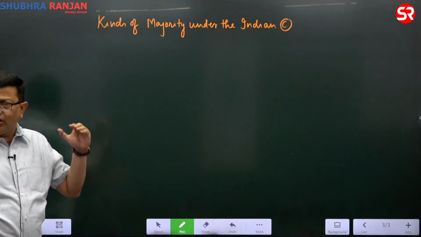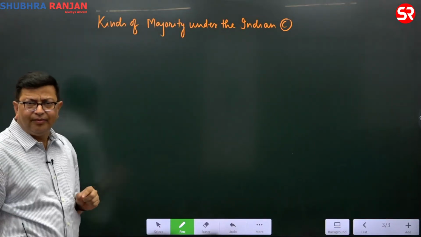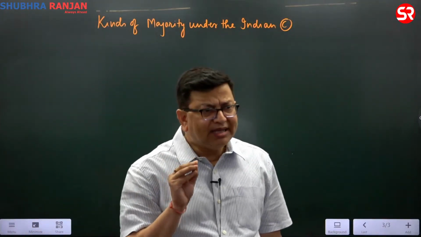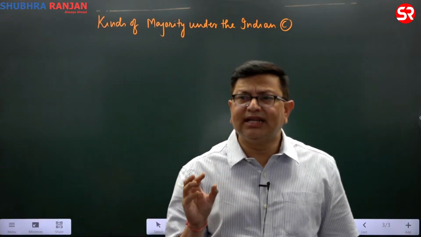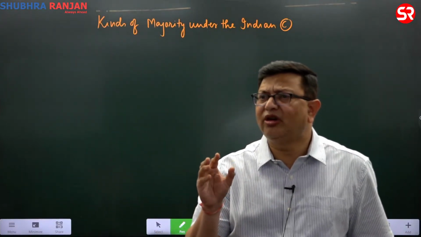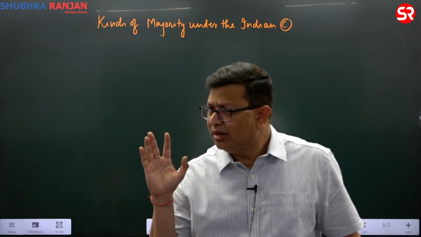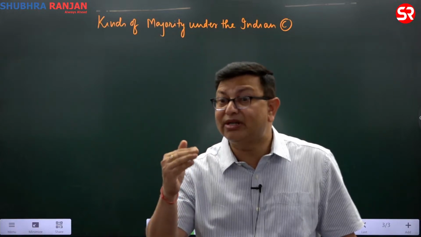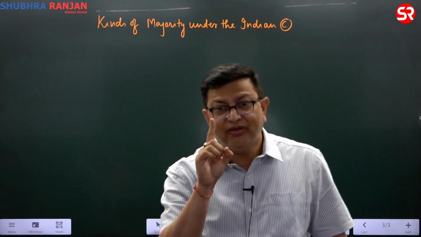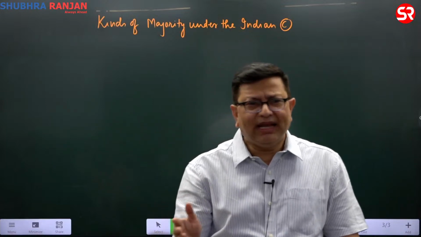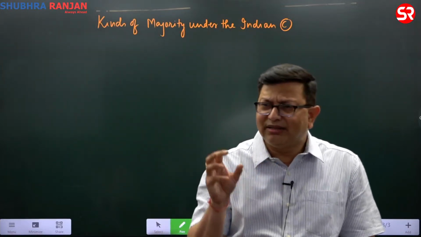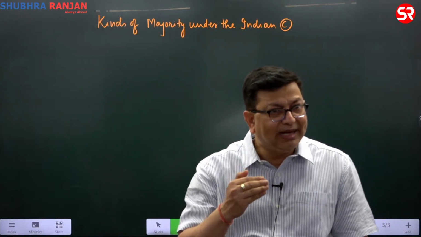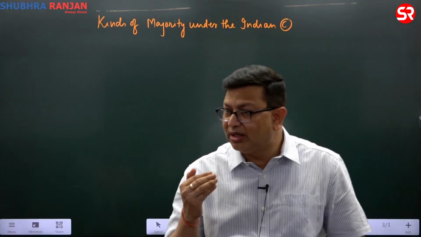So when we say majority, majority is the number required to pass a bill or a resolution in the houses of the legislature. That is majority. What is the number required? How many members should support it? That is the type of majority. Because in the newspaper you will be reading that this majority was not there with the government, that is why the bill was not passed. So in the beginning only you need to know about the majorities.